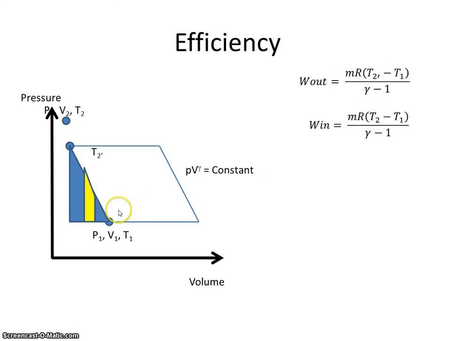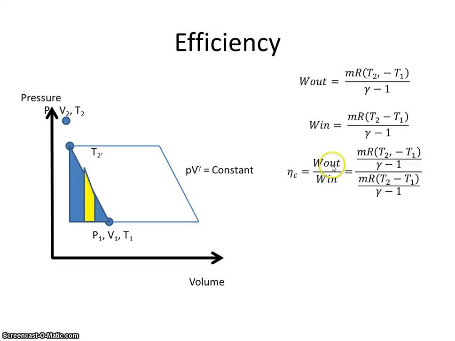And what we've put in is MR(T2 minus T1), so this work here. So efficiency is a measure of what we get out from what we get in, and it's just one divided by the other. They're all going to cancel, and I can say that the efficiency of the compressor in an adiabatic system is (T2 ideal minus T1) over (T2 minus T1).